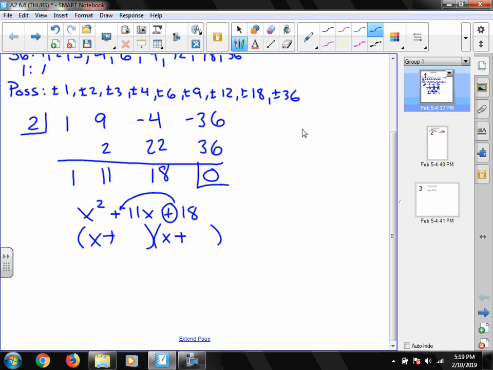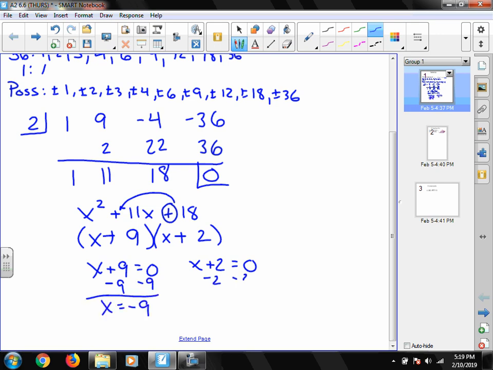I look ahead to see what that sign will be, and both are positive. Numbers that multiply to 18 and add to 11 are 9 and 2. So x plus 9 equals 0 and x plus 2 equals 0. Subtracting, I get that x equals negative 9 and x equals negative 2.